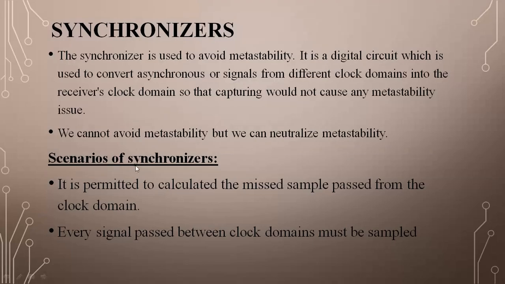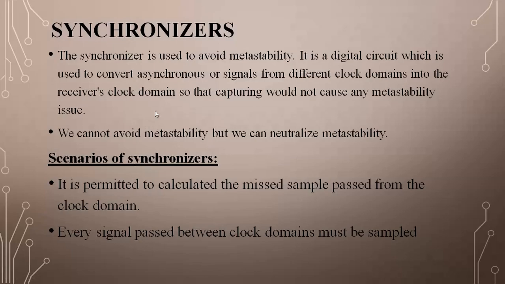So what are the scenarios of a synchronizer? That means in which scenarios can it be used? When an asynchronous signal passes from one domain to another domain, there is a chance of getting metastability, as I told you. If there is a chance of metastability, there is also a chance of losing the data or losing the sample.